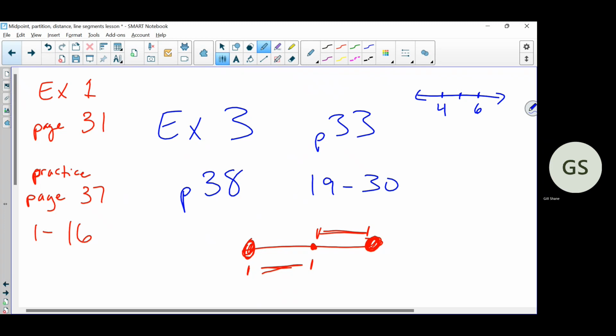Not subtraction. Oh, you got it. Well, it shows you there when they do.